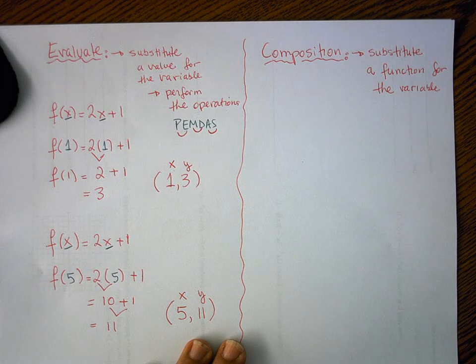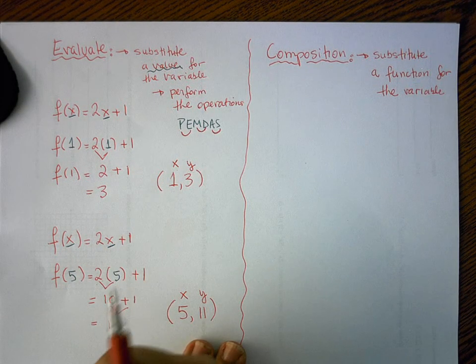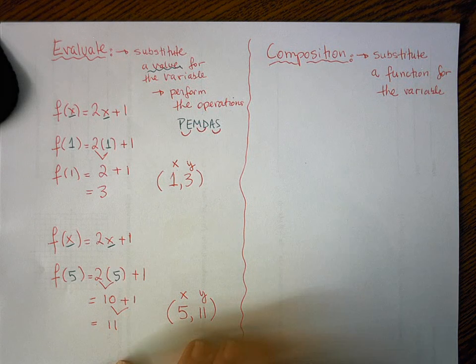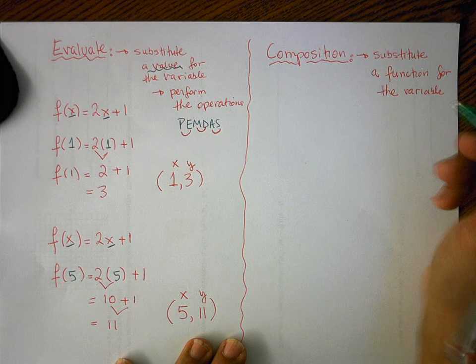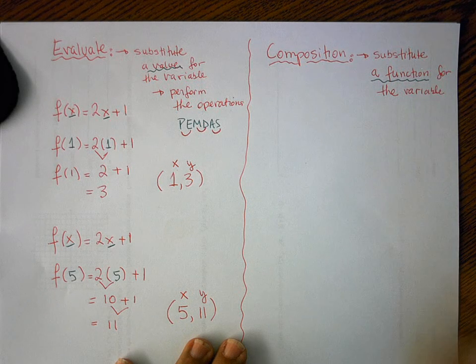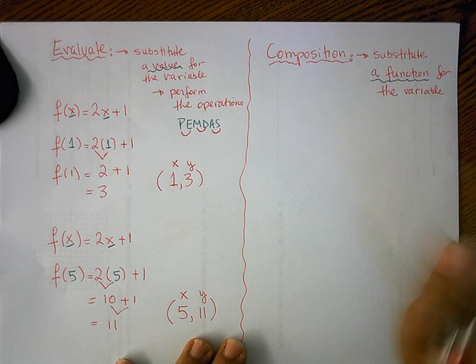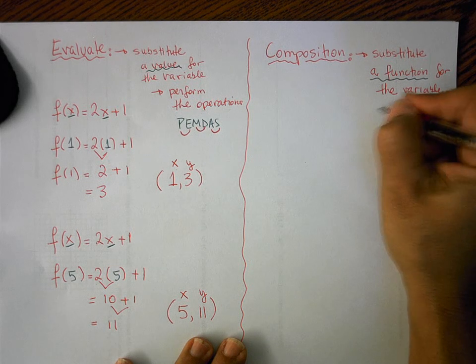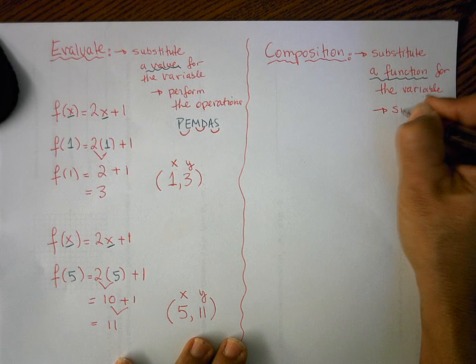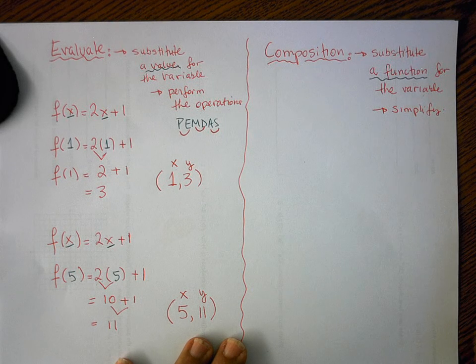Okay, so in evaluate, we substituted a value, a numerical value, for the variable. In composition, we're going to substitute a function, another function, I should say, okay? We're going to substitute a function for the variable, okay? So I know it's kind of like, and sometimes we need to take it a little further and simplify it. Simplify if needed, okay? So sometimes we need to take one step further and simplify it.